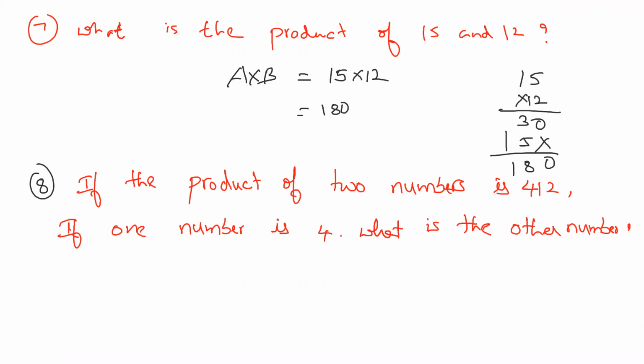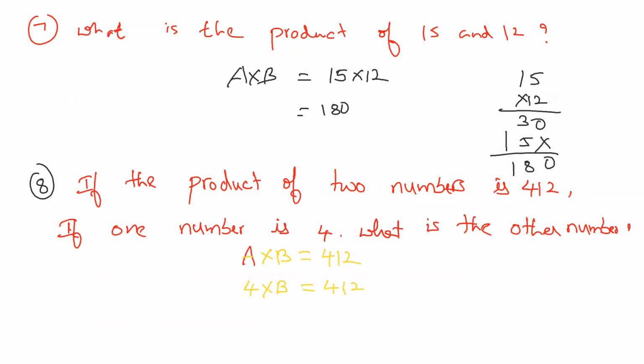Gagan, unmute yourself. What is the answer? Explain the answer. A into B equals 412. No, 4 into B equals 412.